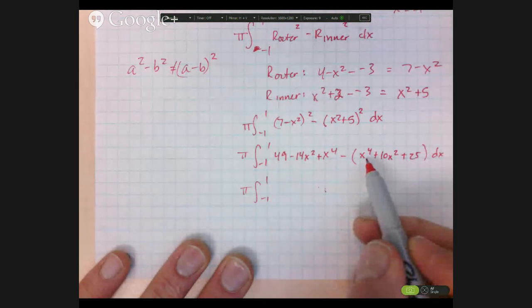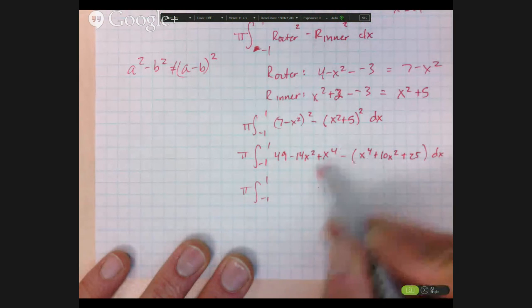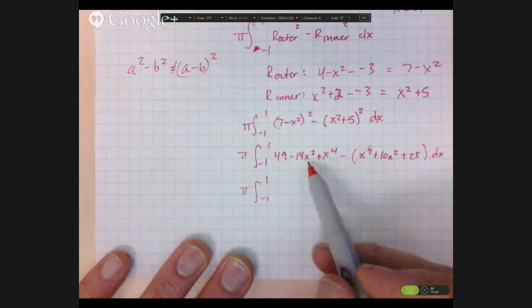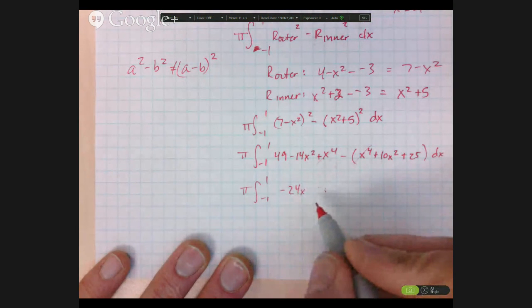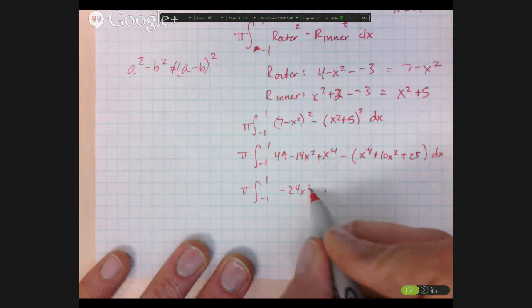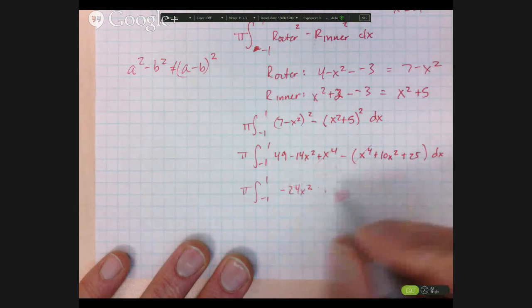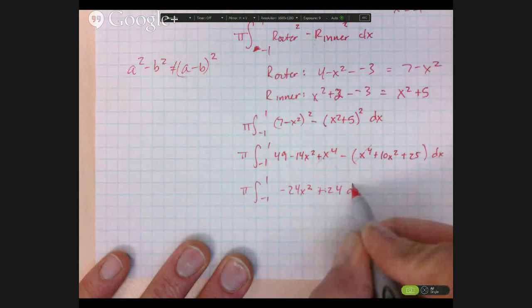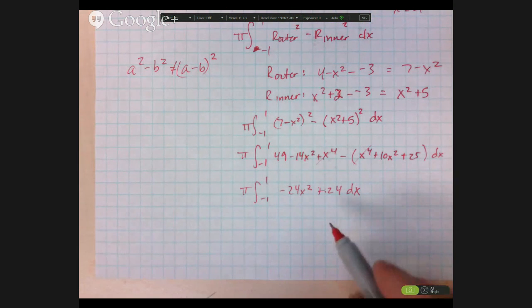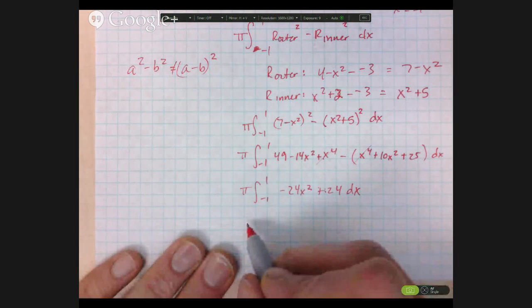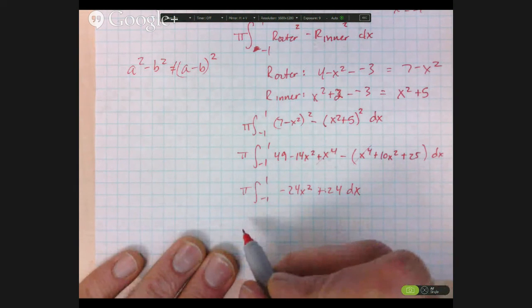Ooh. The x to the fourths are gone. Negative 14 minus 10. And 49 minus 25. Do you want me to finish it, or just give you the answer?